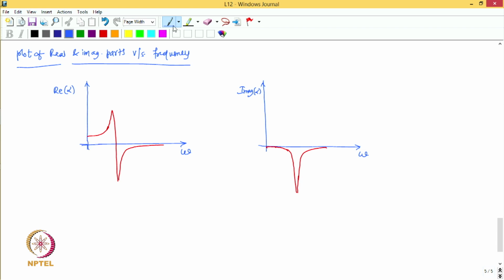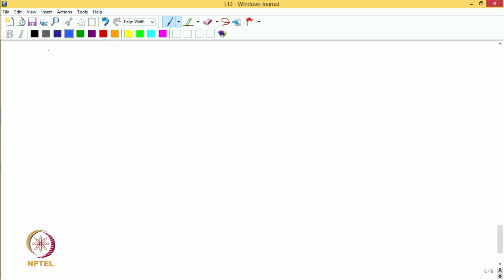Another plot which is used to present FRF is what is called the Nyquist plot. Right, Nyquist plot. Nyquist plot is a plot of the real part of the FRF versus the imaginary part. So this plot may look like this.